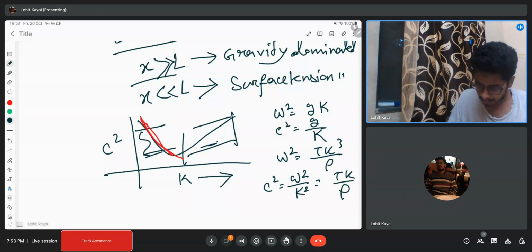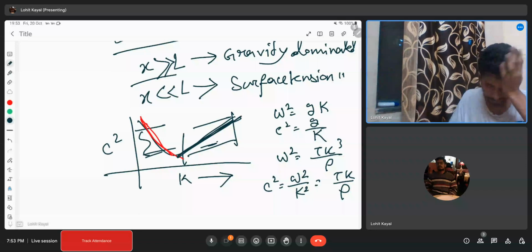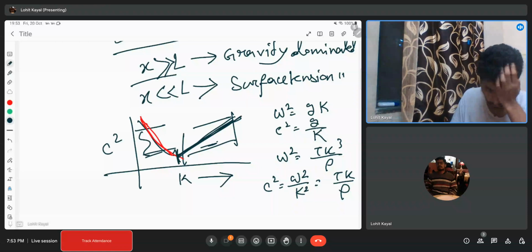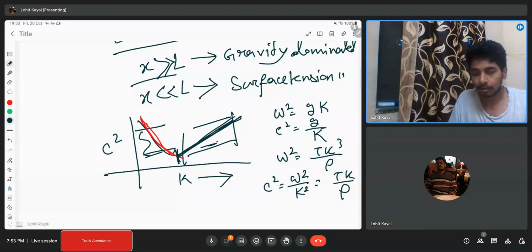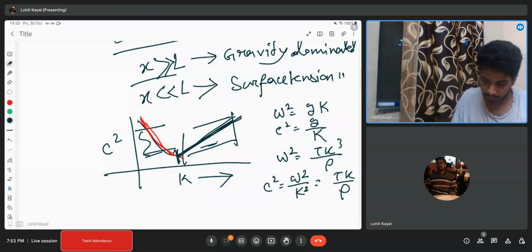So it is a straight line with respect to k. And this is the region where both gravity and surface tension are important in determining the dynamics of the problem.